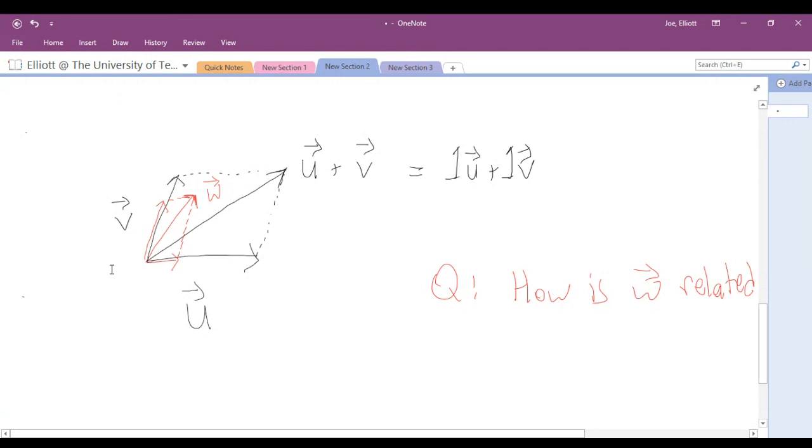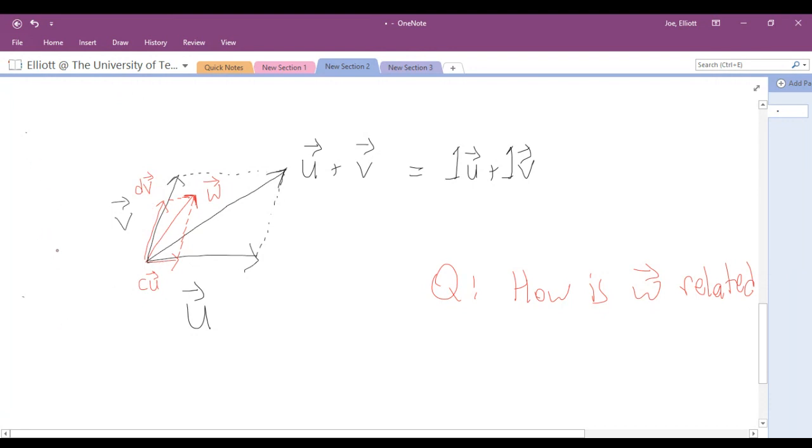So I'm going to call that cu for some scalar c. And likewise, this vector here, we recognize it as being a scalar multiple of v. So that red vector is maybe dv for some scalar d.